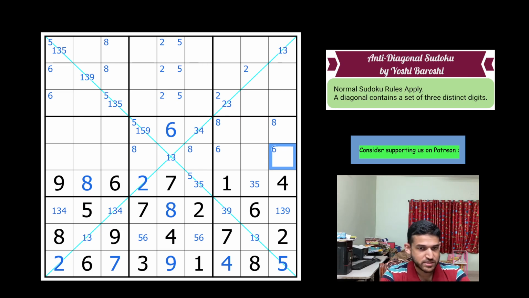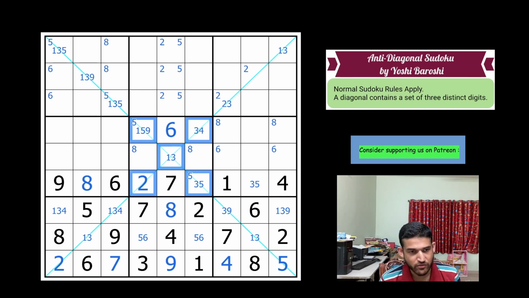Can I use any such deductions? Okay, so we can be certain that 1 3 must be in these diagonals, right? Because you have a 1 here and a 3 here, so which means 1 and 3 must surely be in the diagonals, right?